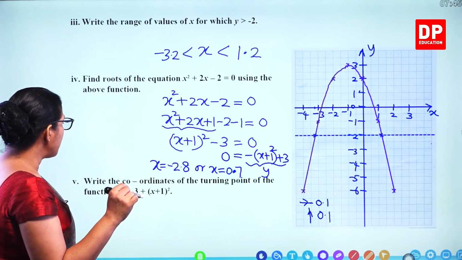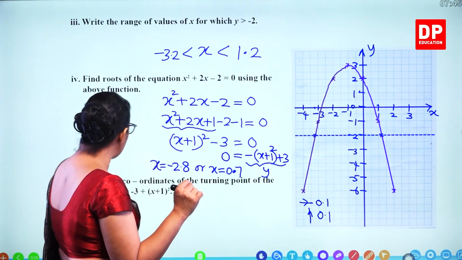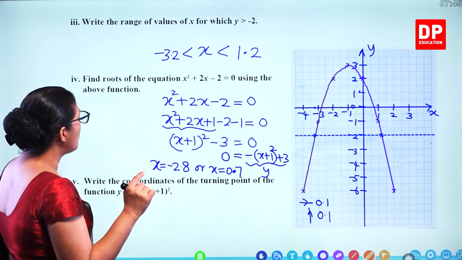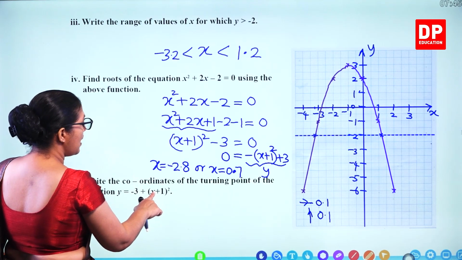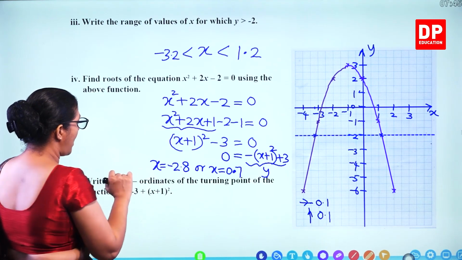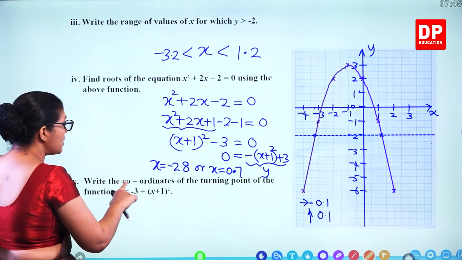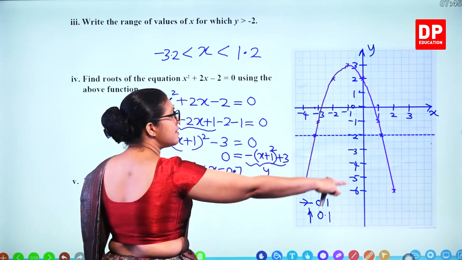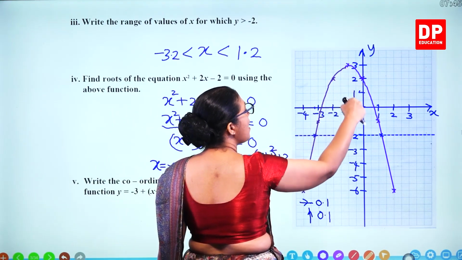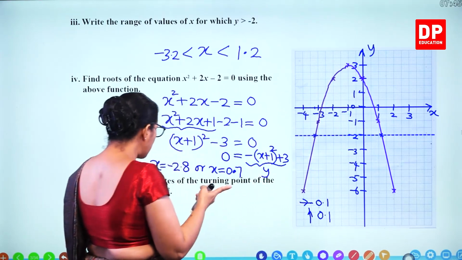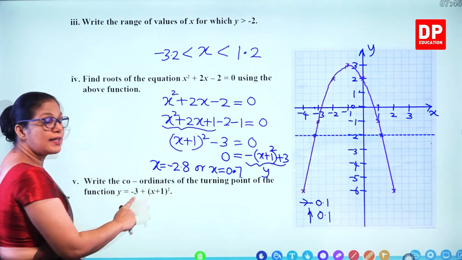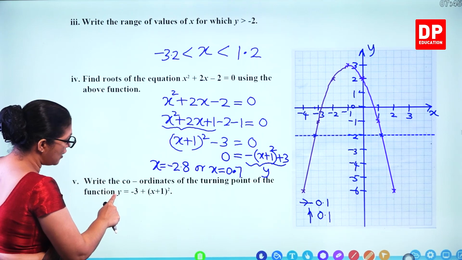Now next one, write the coordinates of the turning point of the function y equals minus 3 plus (x + 1) squared. Now turning point. Now if this is the graph, the turning point is minus 1 and 3. Now what happens here? We have to take it to the other side.